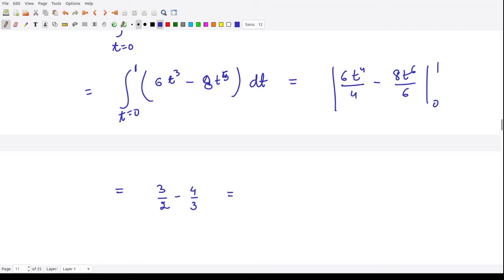So when you solve this quantity, what do you obtain? You have to take the LCM, so let me solve it. It would be 6, and here it would be 9 minus 8. So we have 1 by 6 as the answer.